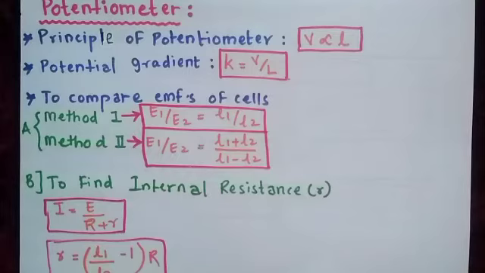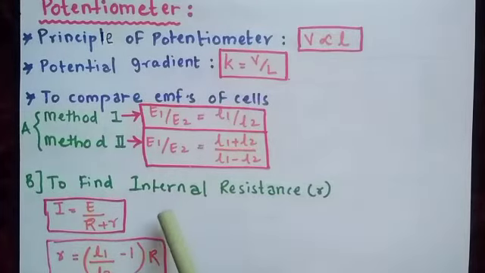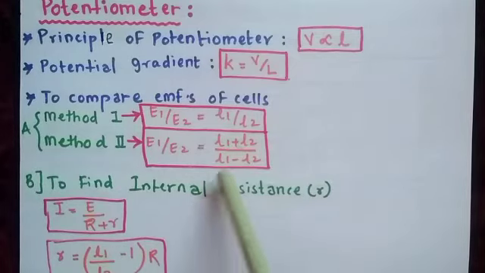We have also already solved some numericals based on the application of Kirchhoff's laws. Now we will solve the unsolved numericals given at the back of your textbook, and these numericals will involve the application of the potentiometer and maybe the galvanometer. So let's start solving that.